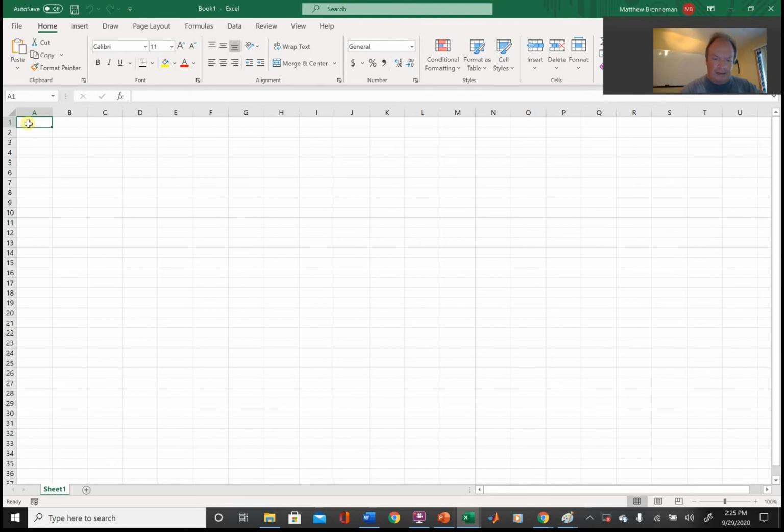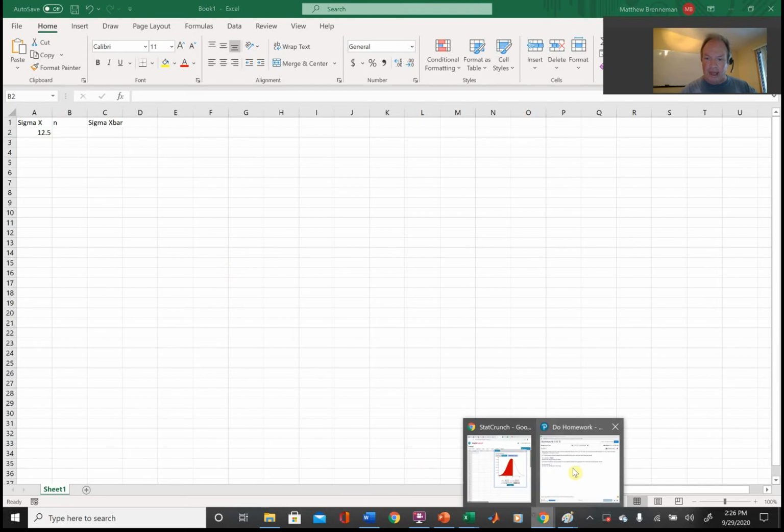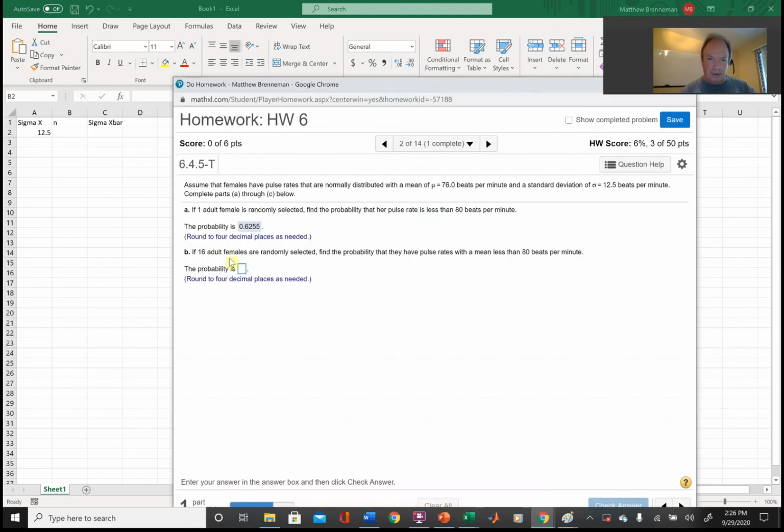Where we have sigma x, the standard deviation of our variable, n, and sigma x bar, that's the standard deviation of the sample mean. So our standard deviation of our variable was 12.5, and we had 16 people in our sample, right?